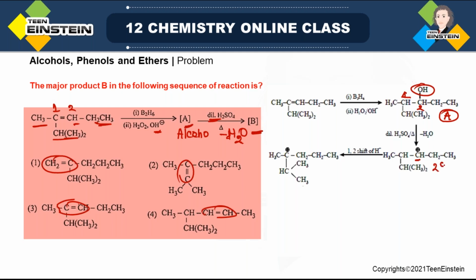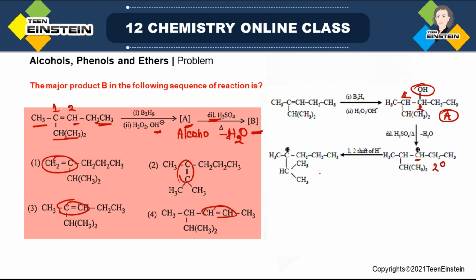Now this carbocation is secondary, and if you do rearrangement, that is a 1,2 hydride shift, sometimes there is a chance of hydride shift, sometimes a methyl shift. That depends on the structure; there is no hard and fast rule. Your aim is to write, after rearrangement, the more stable carbocation.